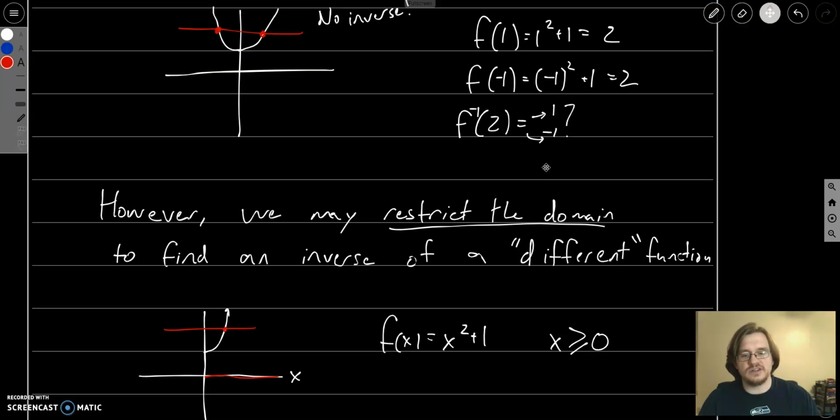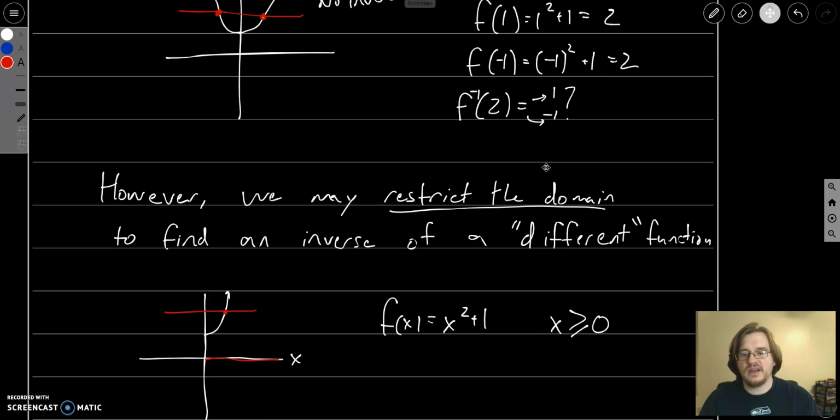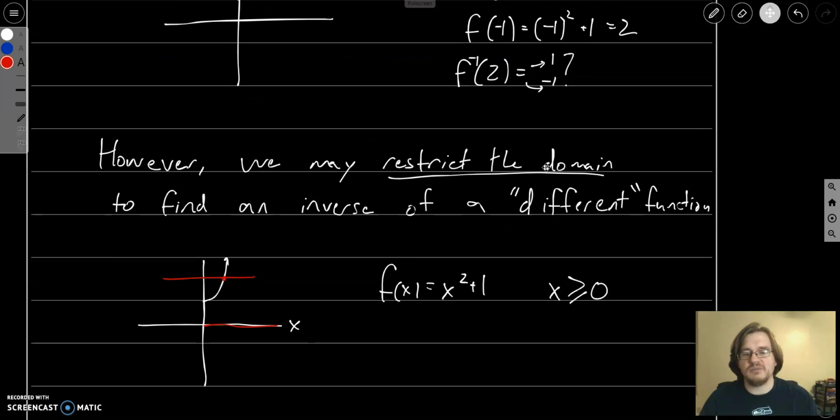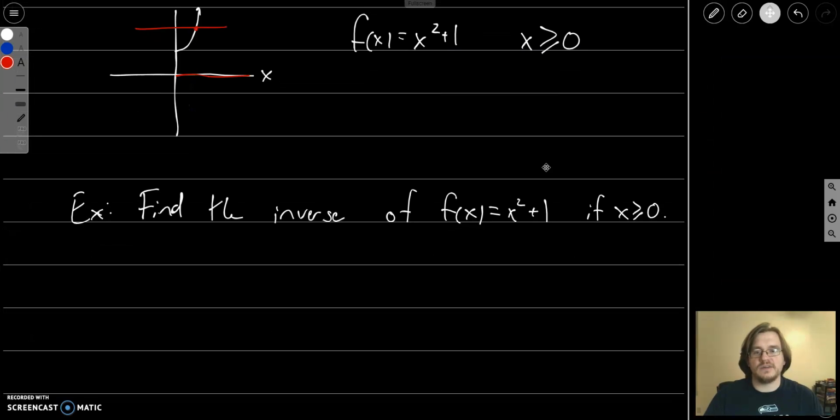So this function, even though it has the same formula as what we did before, has an inverse because we're only plugging in certain values for x. So let's find the inverse of this function, and we'll only plug in the positive values for x.